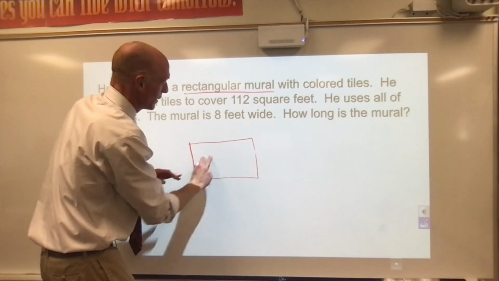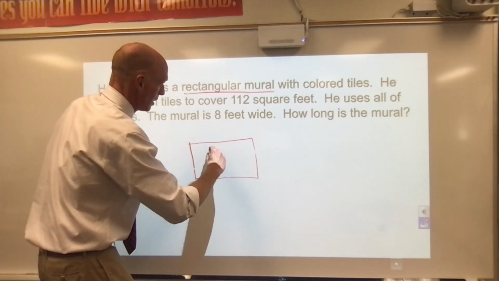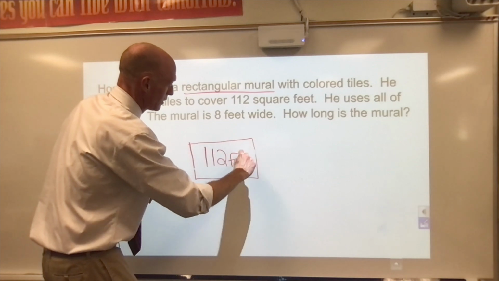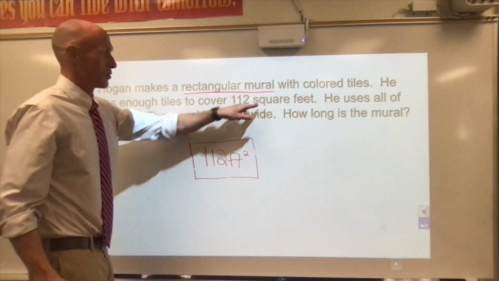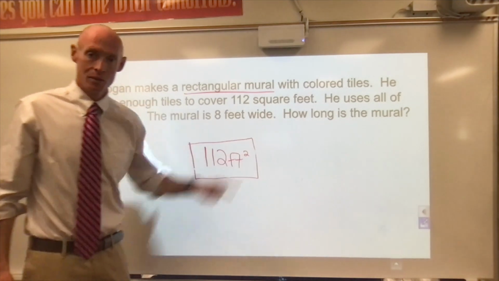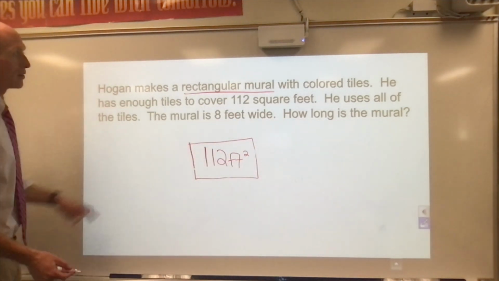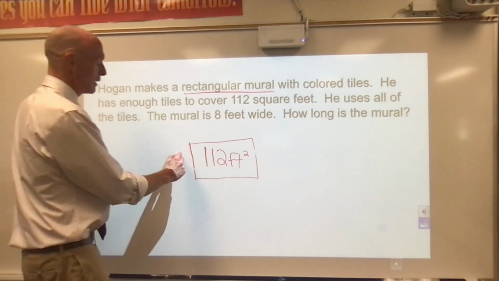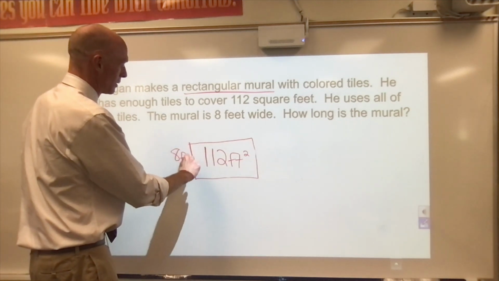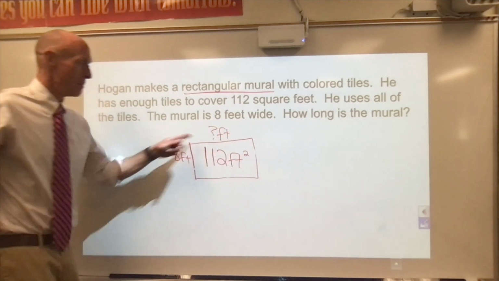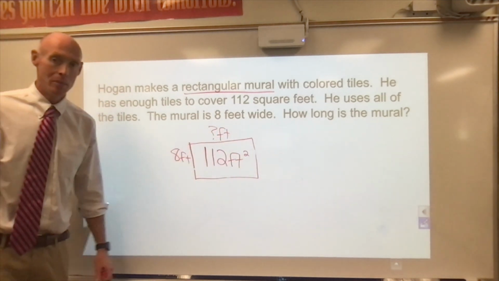He's covering a grand total of 112 feet squared. Square feet, feet squared. He uses all of the tiles. The mural is 8 feet wide. So we've got to figure out how many feet that could possibly be.